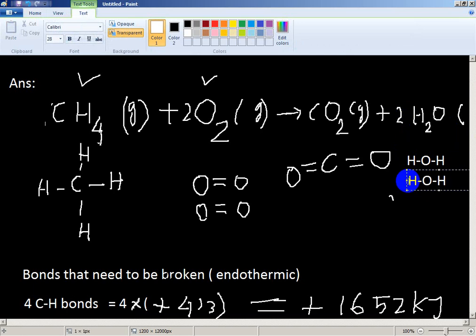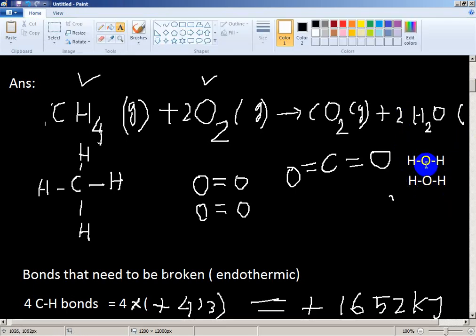So total oxygen hydrogen bonds are 1, 1, 2, 3. Here in this molecule there are 2 oxygen bonds. Here is 2 oxygen bonds. 1 and 1, 2. Here 1 and 1, 2. Here 2, 2, 4 bonds.